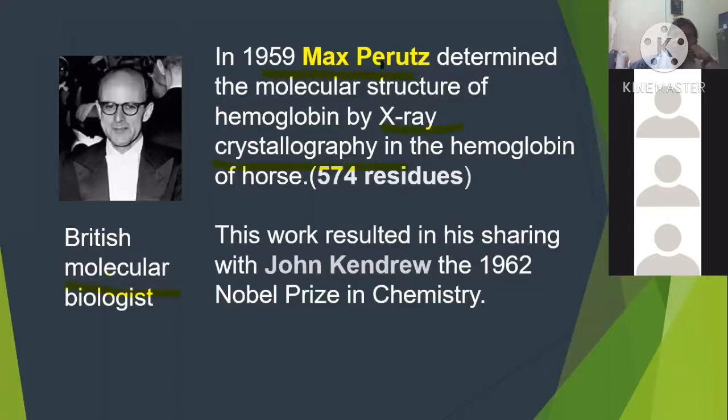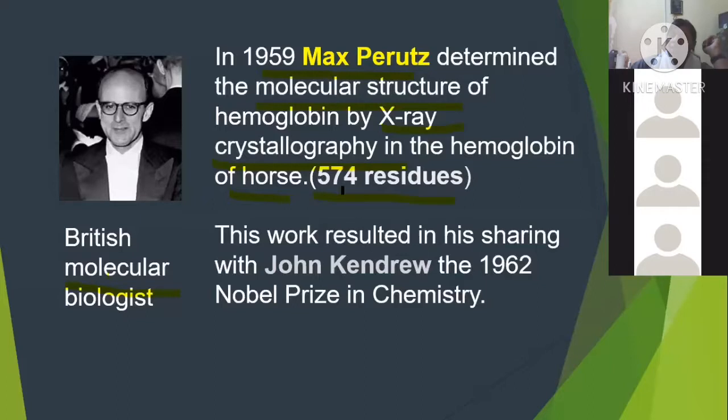It was horse hemoglobin that he had taken for his experiments, and he found out the number of amino acids, the number of polypeptide chains present, how many are similar and what is different. All these details he found out. Max Perutz gets the credit of determining the molecular structure of hemoglobin in the horse.